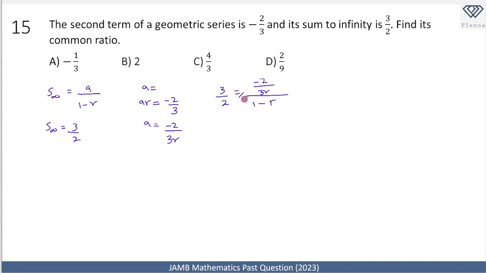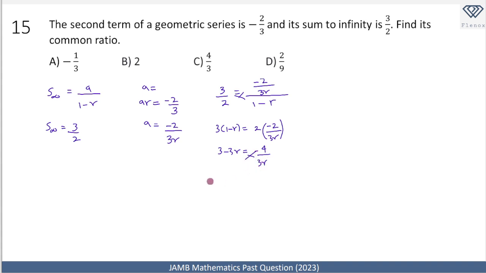When we cross multiply, we have 3 into bracket 1 minus r is equal to 2 times minus 2 over 3r. If we simplify this, we have 3 minus 3r is equal to minus 4 over 3r. Again, we can cross multiply.